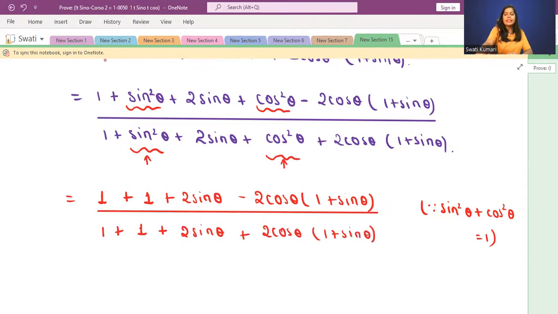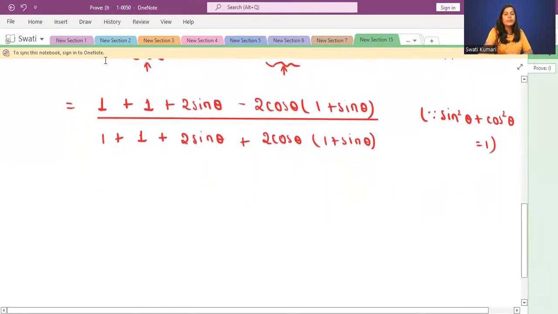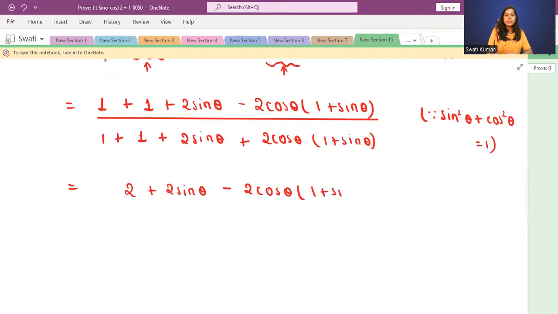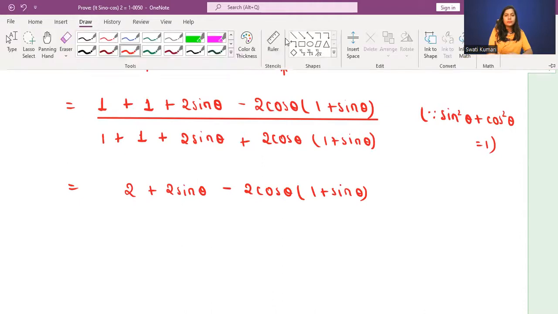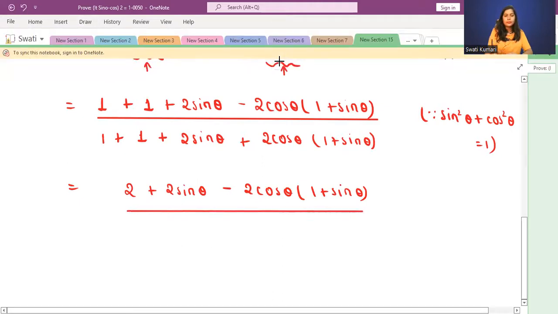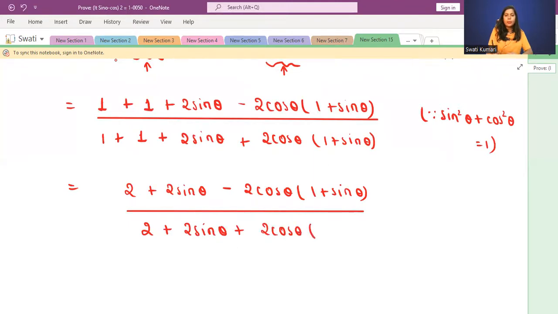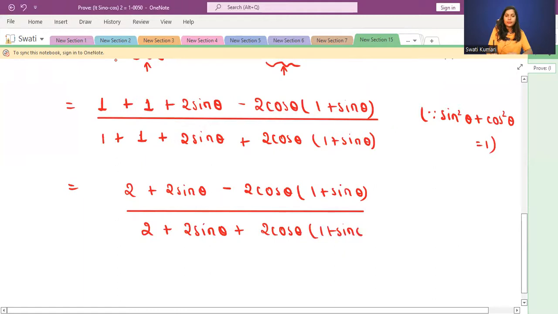All right. And then the next step, very simple, very much obvious, that 1 plus 1 is 2. So 2 + 2 sin θ, all right, minus twice of cos θ into (1 + sin θ), all right, upon this will become 1 plus 1, 2 + 2 sin θ plus 2 cos θ (1 + sin θ), all right.